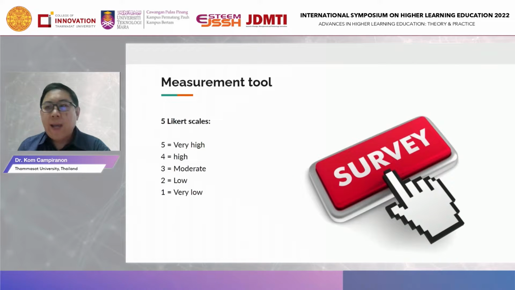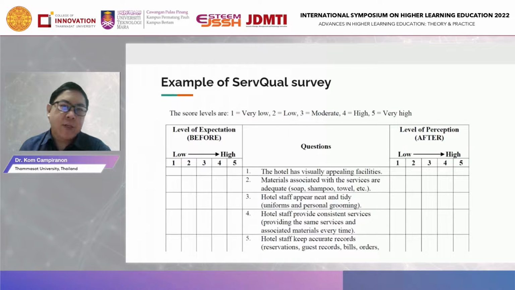So all these 5 dimensions, the way we're going to measure it is that we're going to use a Likert scale, right? 5, 4, 3, 2, 1. 5 is very high, 1 is very low. So what happened here with the ServQual survey is that you can see that we have a questions list in the middle, right? And what we do is that in each dimension, we will ask them a few questions.